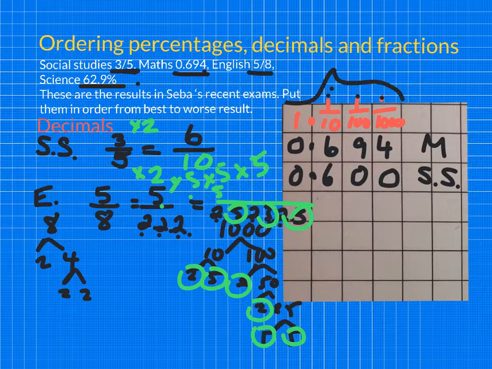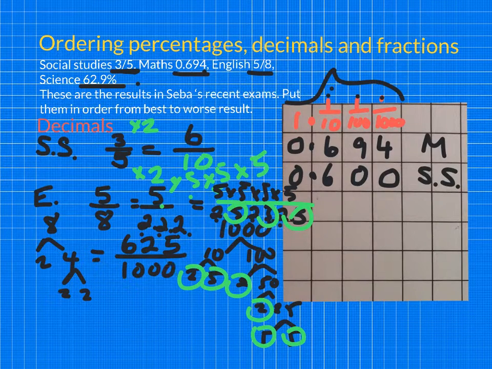Let's simplify this down and see what we actually end up with. So on the top we've got 5 times 5, which is 25, 25 times 5, which is 125, and 125 times 5, which is 625, and on the bottom we have got 1,000. So that is 625 out of 1,000, or 625 thousandths.